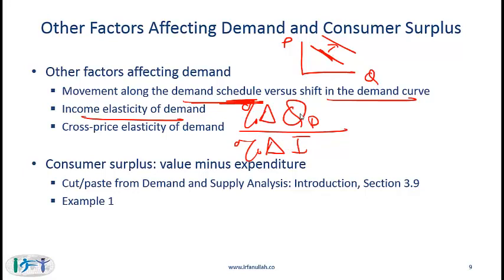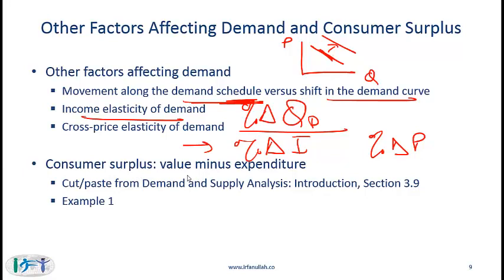For an inferior good, this will be negative. Cross price elasticity of demand is the percentage change in quantity demanded of a particular product divided by the percentage change in price of either a substitute or a complement. So basically the denominator refers to the change in price of some other product.